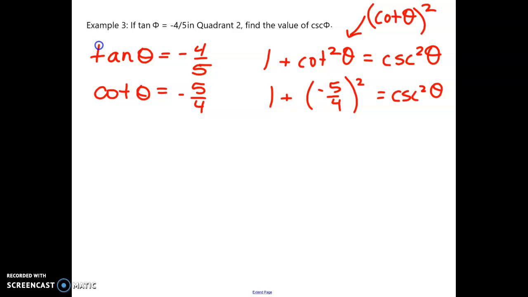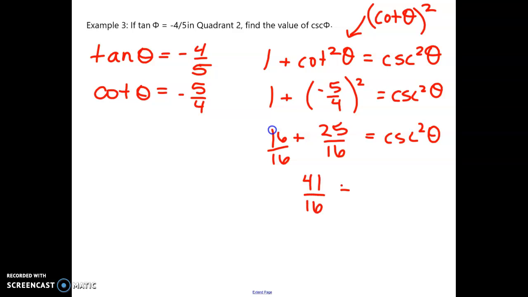Okay? So when I square this, I'm going to get 25 over 16. And before I can add 2 fractions, what do we need? Common denominator. So that means this 1 would actually be like 16 over 16, right? If we get them both to have a denominator of 16. So we add them and we get 41 over 16 equals cosecant squared.